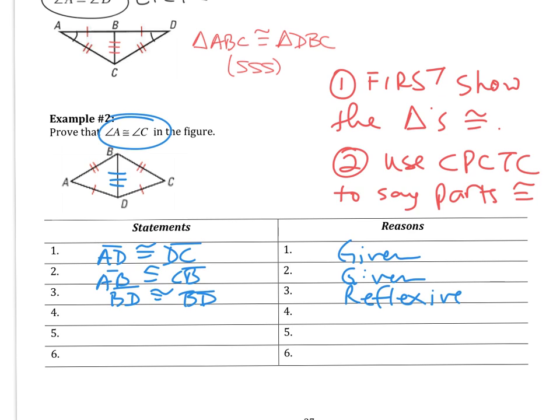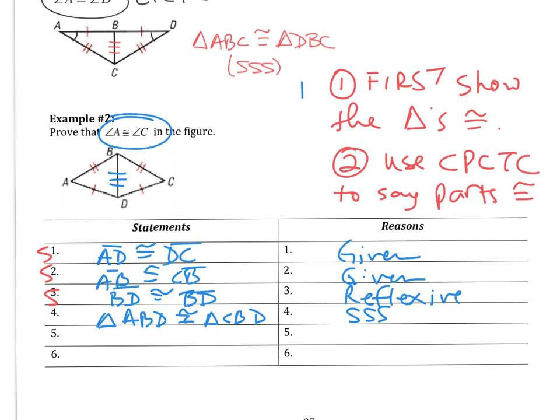Okay? We have sides congruent, sides congruent, sides congruent, 3 congruent statements, which tells me now I can say that triangle ABD is congruent to triangle CBD, and my reason is SSS like he says, okay?